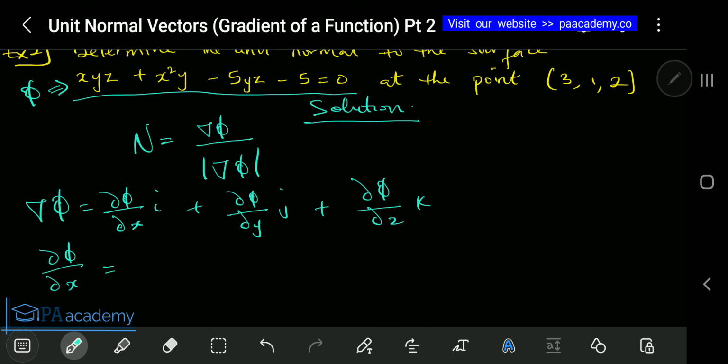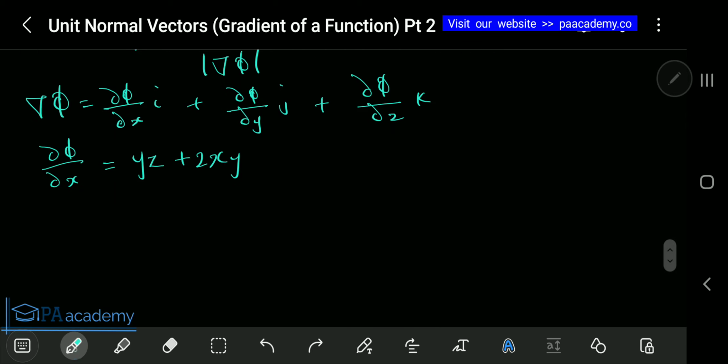Doing that, we're going to have yz plus 2xy, because if you differentiate x squared, that gives us 2x. The next term is 0 because there is no x there, and this is also 0 because there is no x there. So that is for the first one.